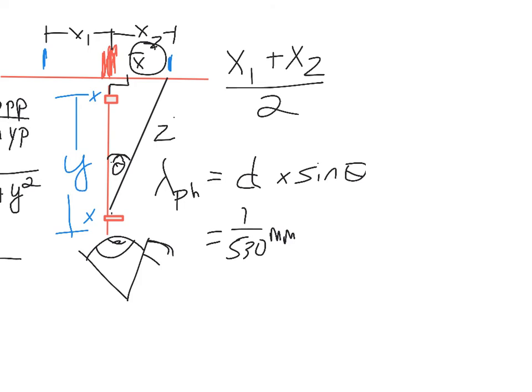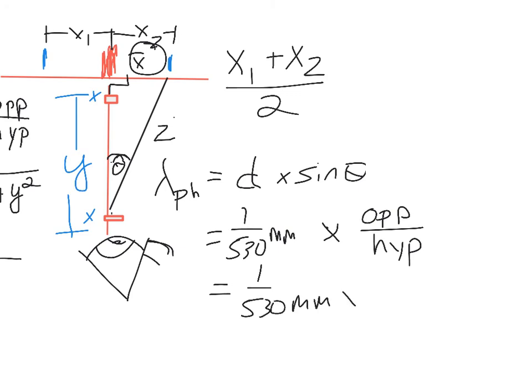Now keep in mind, when we're talking about the sine of theta, it's really multiplying by the ratio of the opposite over the hypotenuse. So in this case, 1 over 530 millimeters times our opposite side to theta, x average divided by z.